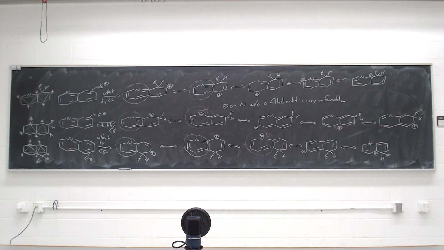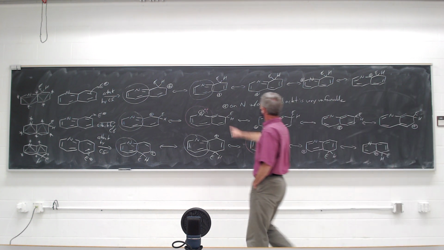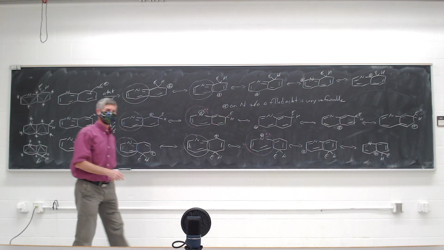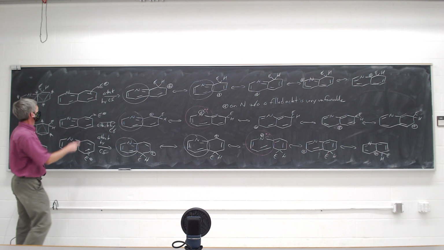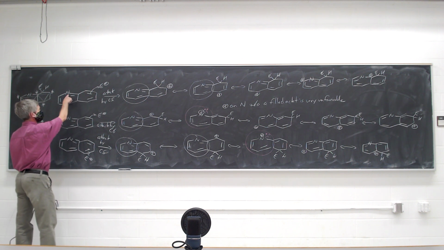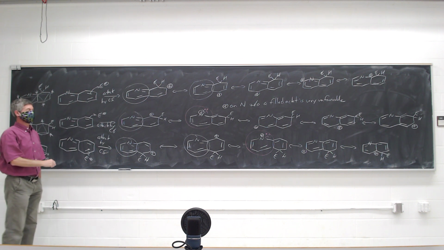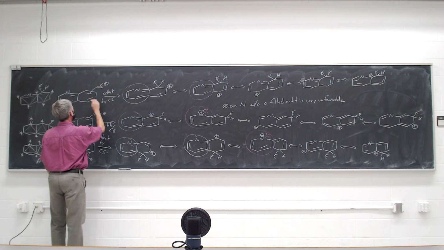So that's really not good. This one doesn't have that problem. On the other hand, this is closer to the nitrogen than that is. So inductively, this should be less favorable.